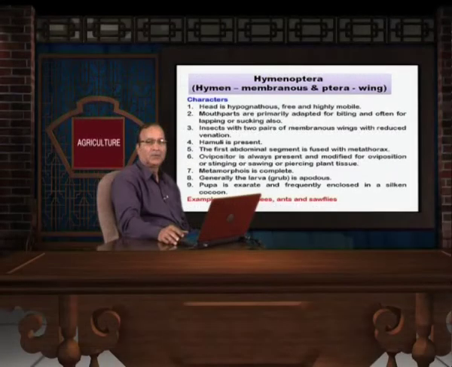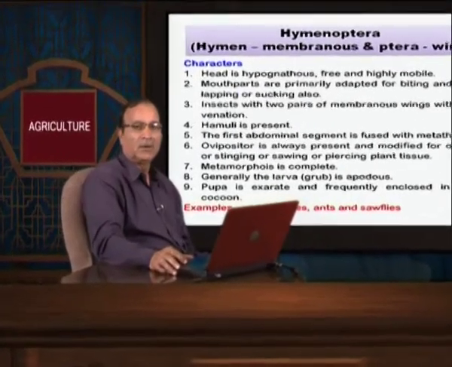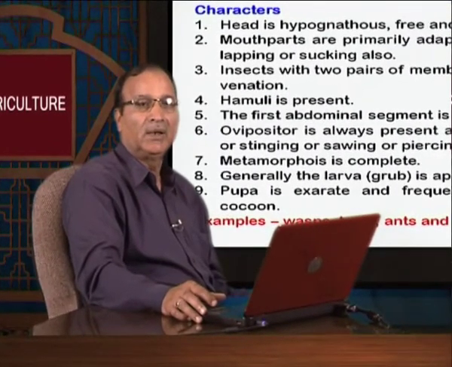In case of hamuli, some hook-like structures are borne on the hind wings which fit into the forewings, and thereby a single unit of both wings is formed.